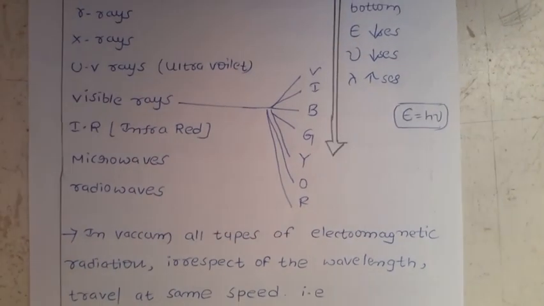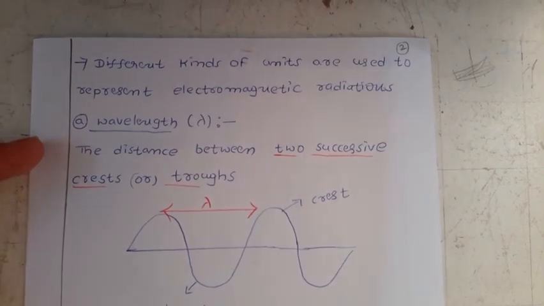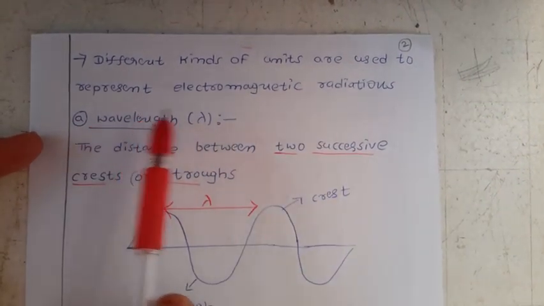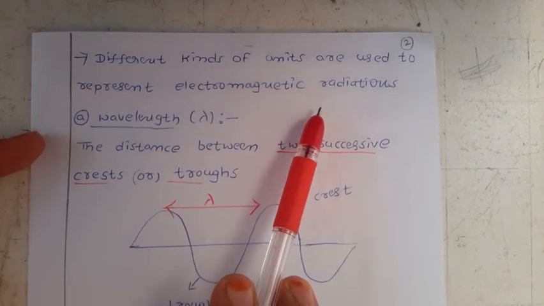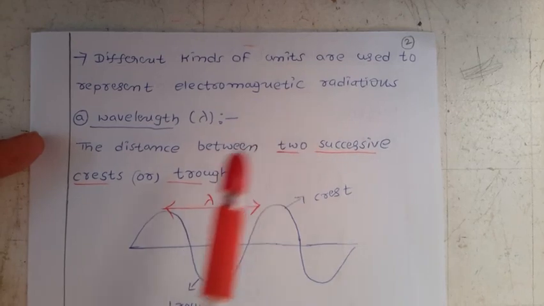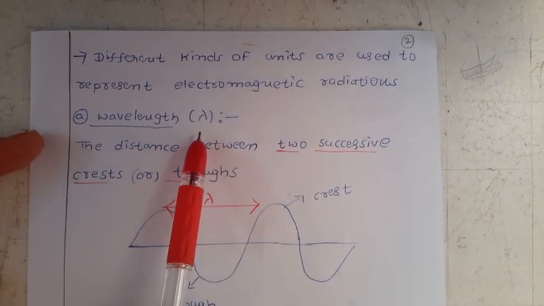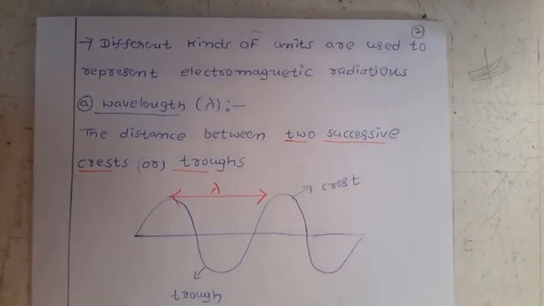Next, different kinds of units are used to represent electromagnetic radiations. Now what are the units? We will discuss one by one. First, wavelength. The symbol of wavelength is lambda. How can you define lambda?